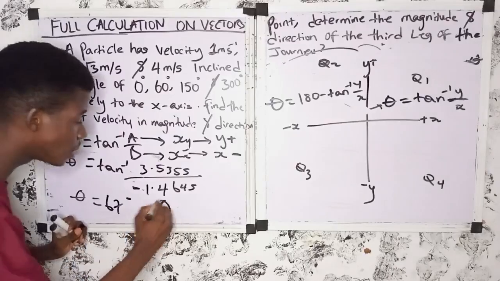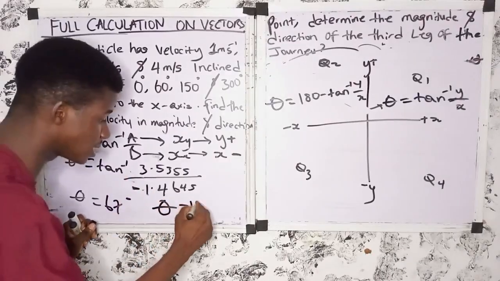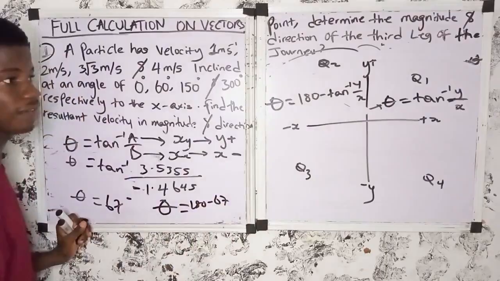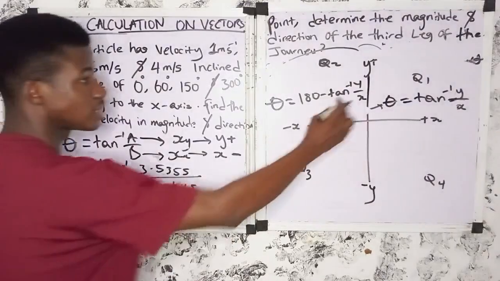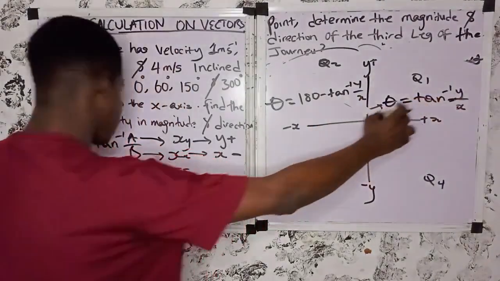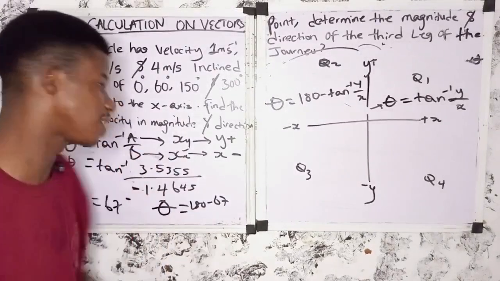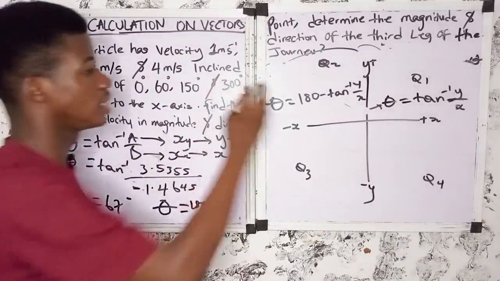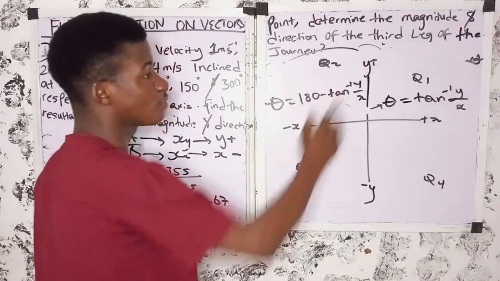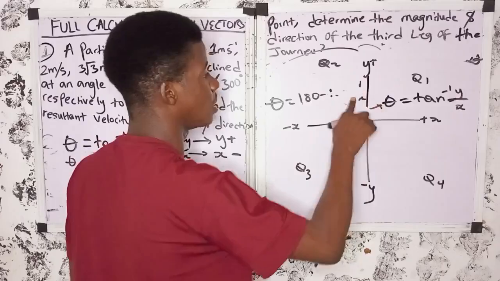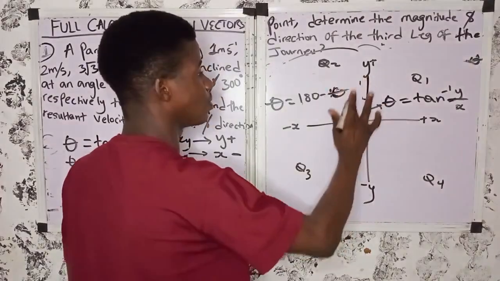We already got theta to be 67, so the total angle will be 180 minus 67. It's very important, very vital. Know it: the angle in the second quadrant is 180 minus theta.